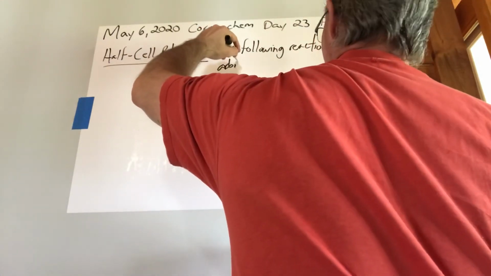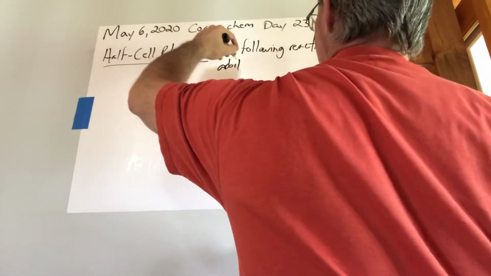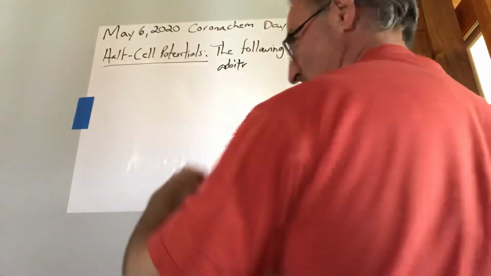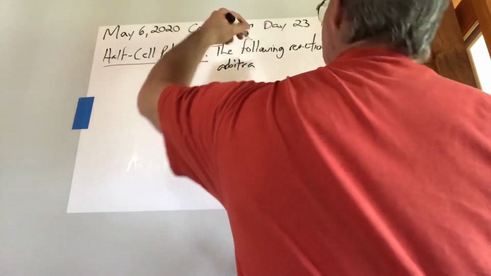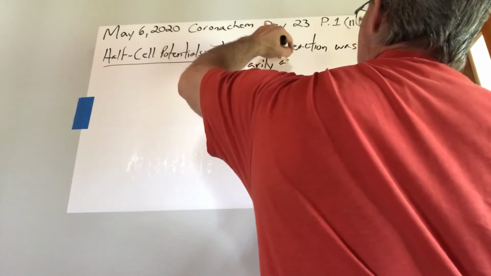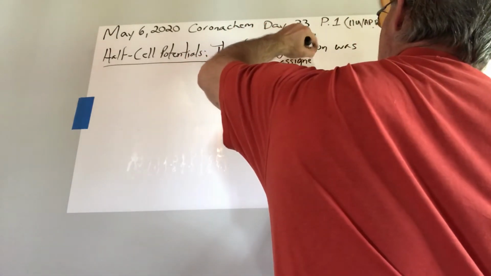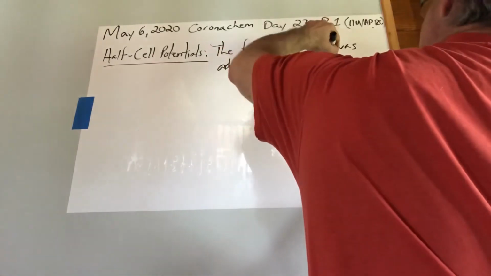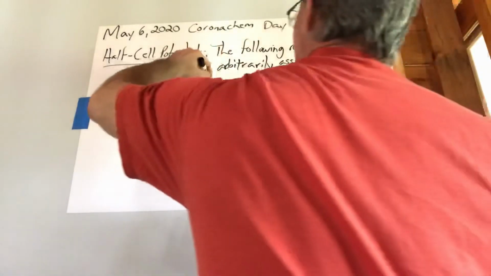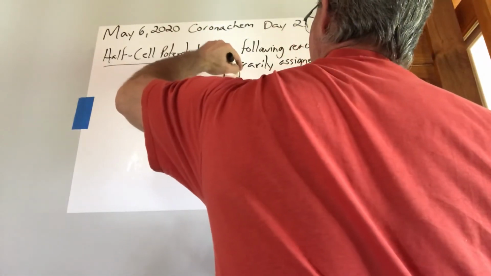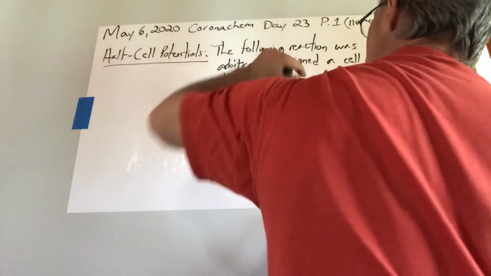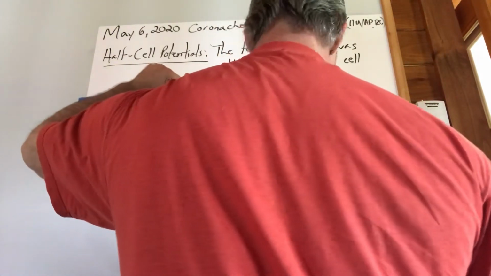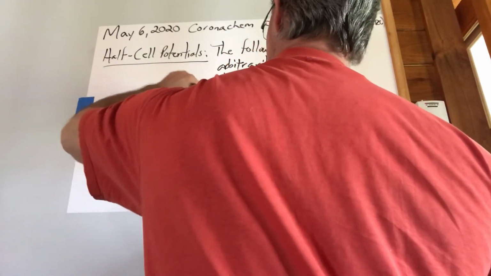Arbitrarily means they all got together and they decided. To arbitrate means somebody judges. So they said this reaction has 0 volts.